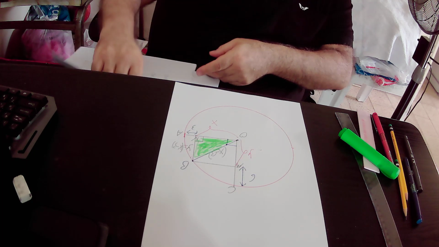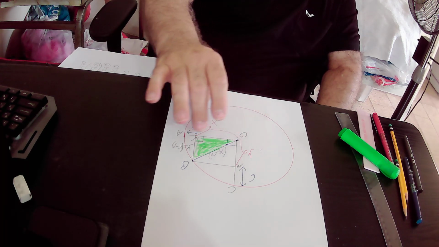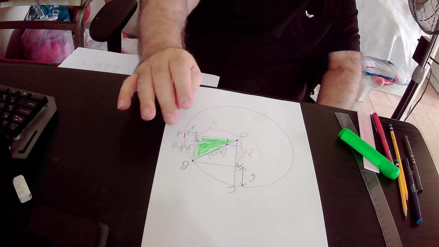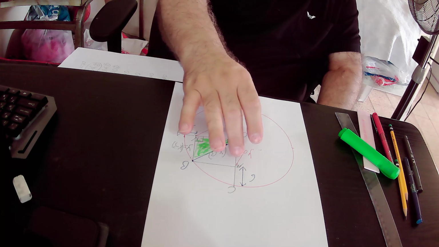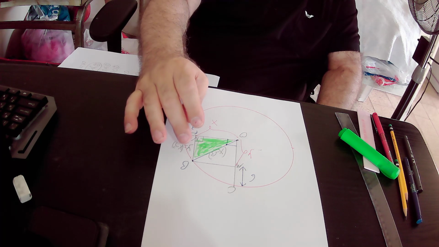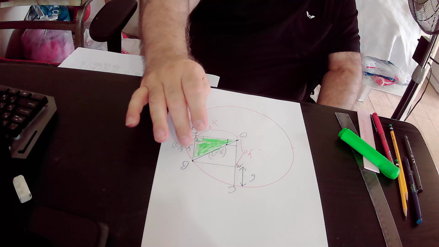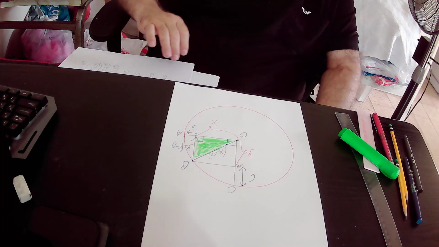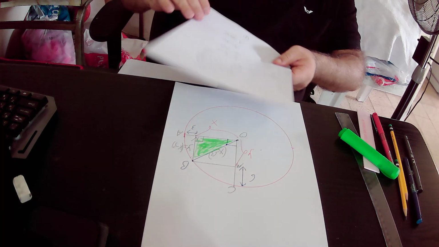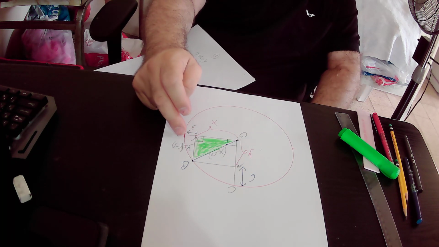In this rectangle the parallel sides are equal to each other. So if OM equals y, then BN, that is parallel to OM, will also be equal to y. But we know that y equals x minus 3, so we can add here that y equals x minus 3.